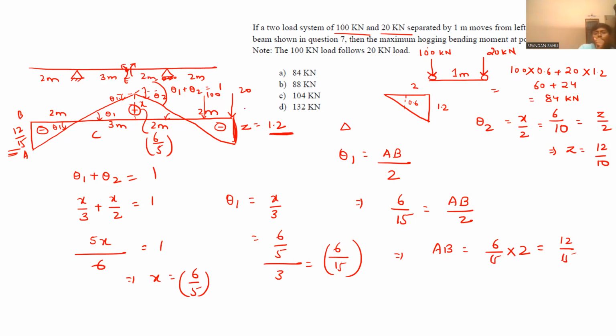But let us check one more case. If the loads move from left to right, we do not place 20 kilonewton anywhere on our beam, and we place 100 kilonewton directly in this maximum ordinate point.